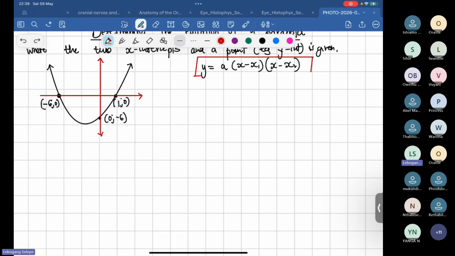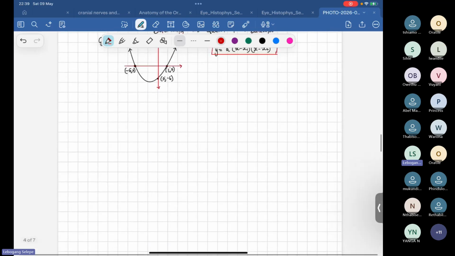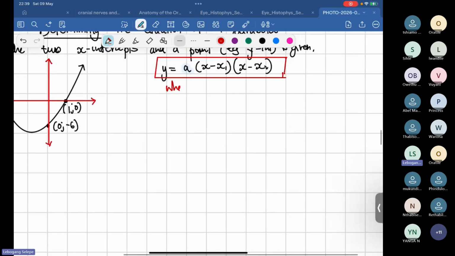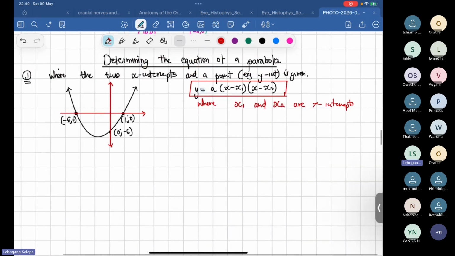Keep that in mind. So what do x1 and x2 represent? x1 and x2 are our x-intercepts. We substitute them into that equation. So now let's make this one an example.